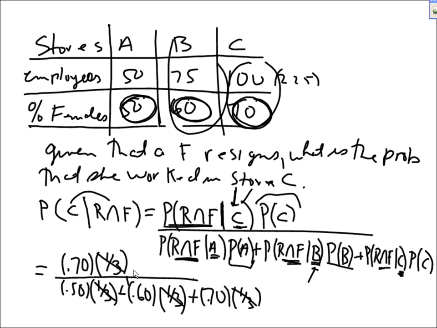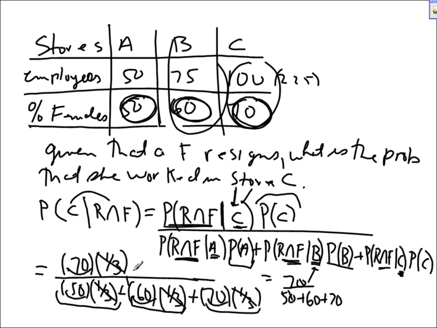The thirds all factor out and cancel. I'm going to move every decimal 2 places to the right. This is 70. In this term, I move the decimal 2 places. In this term, 2 places. In this term, 2 places. I get 70 divided by 50 plus 60 plus 70.